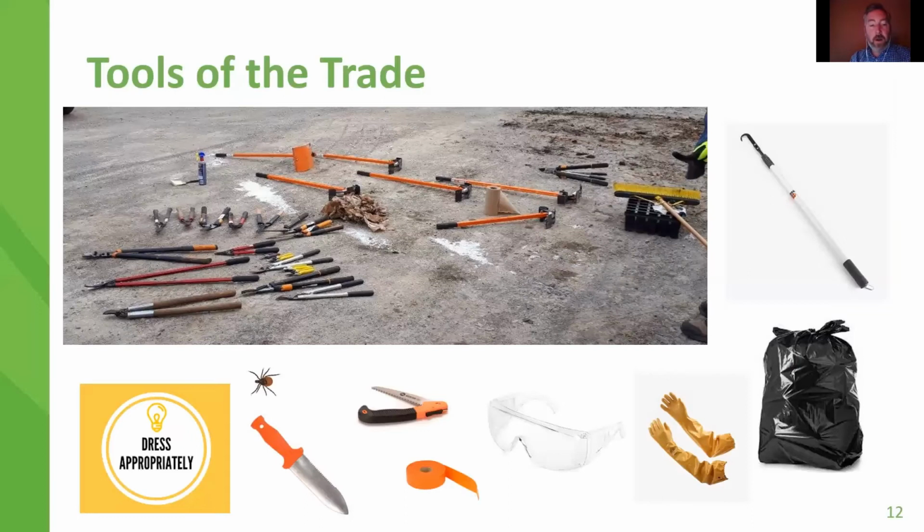So on that note, it's really important to know the effective tools that you're going to want to be using for the invasive species that you're working on, and knowing how to use them effectively.